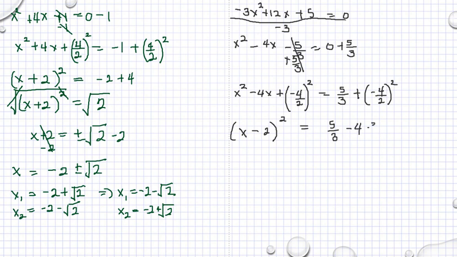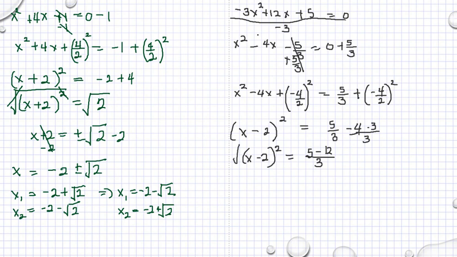If we multiply both numerator and denominator by 3, then we have x minus 2 squared is equal to 5 plus 12 over 3.